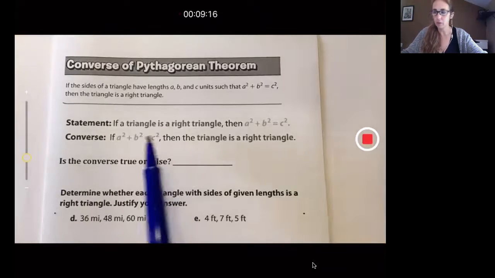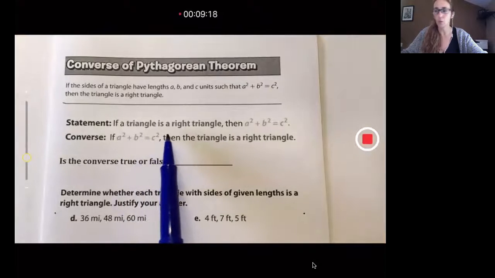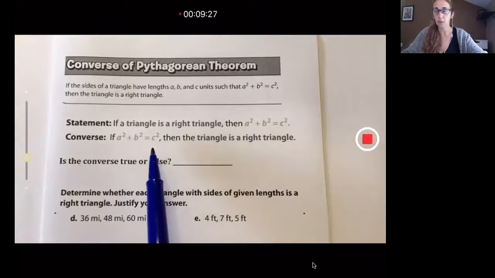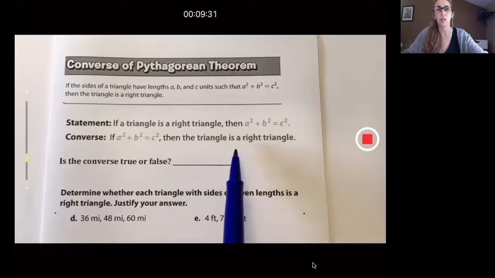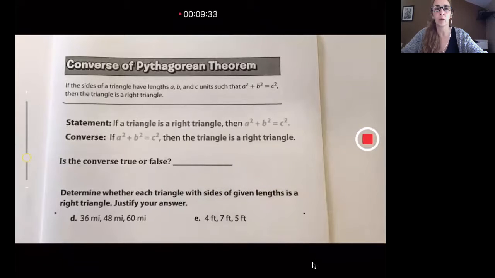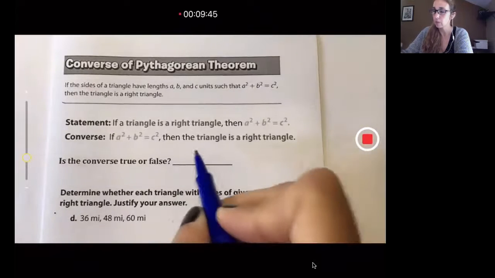Therefore, the converse would be if a squared plus b squared equals c squared, then the triangle is a right triangle. Is the converse true or false? Well, we know the statement is true, and we know that if a squared plus b squared equals c squared, then that will give us a right triangle. So this one is true. They're not always true, but this one is.